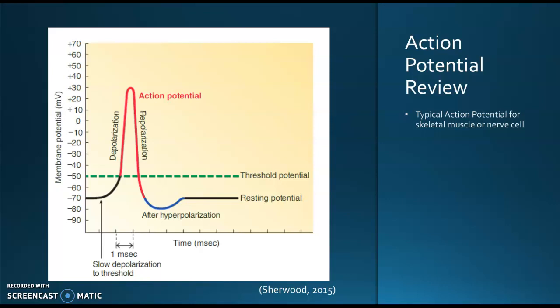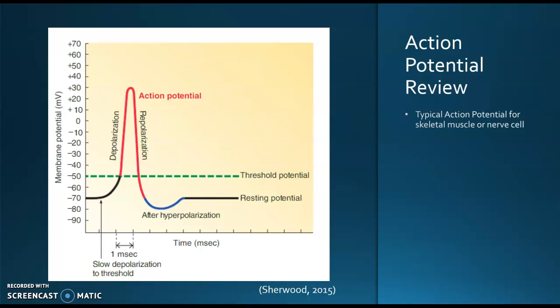So when we talk about action potential in skeletal muscle tissue, or when we're talking about nerve impulses throughout the nervous system, we look at action potential and typically follow something along this general outline for a graph. Our typical resting membrane potential is around -70 millivolts.